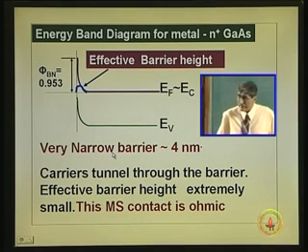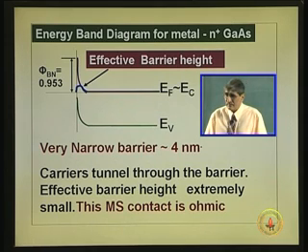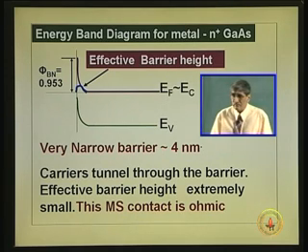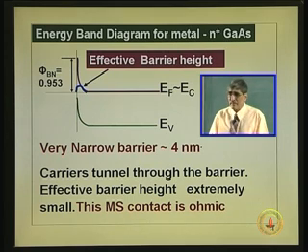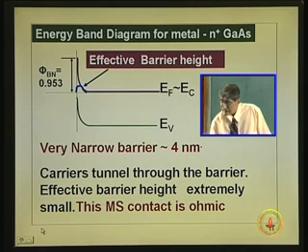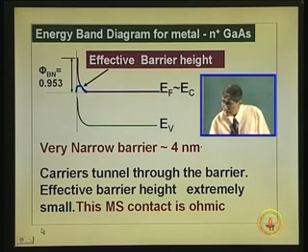So, when you dope very heavily, whether it is silicon, gallium arsenide or indium phosphide, whatever it is, the barrier height becomes automatically very small, because whatever barrier is there is very thin, so carriers tunnel through it. So, for the electrons hardly there is any barrier. The carriers can tunnel through all these portions, and the effective barrier height is extremely small. Okay. So, that is the key.